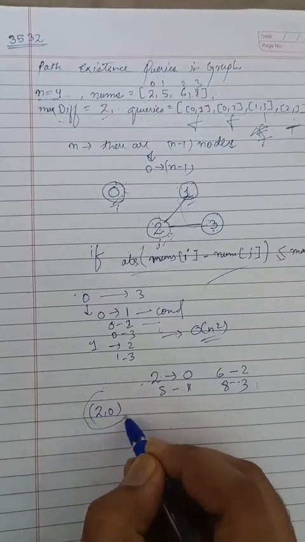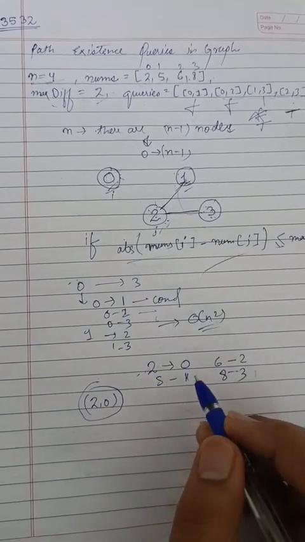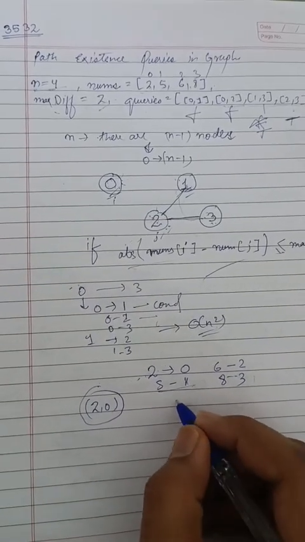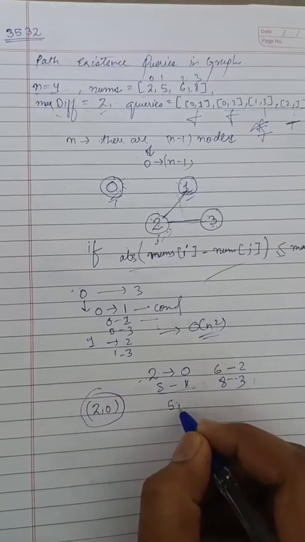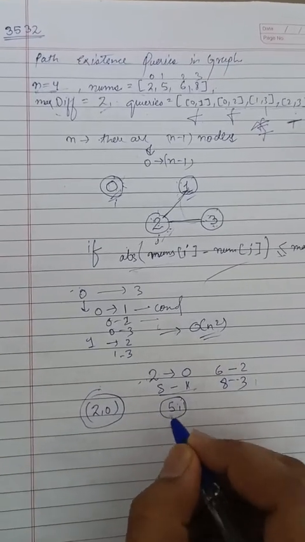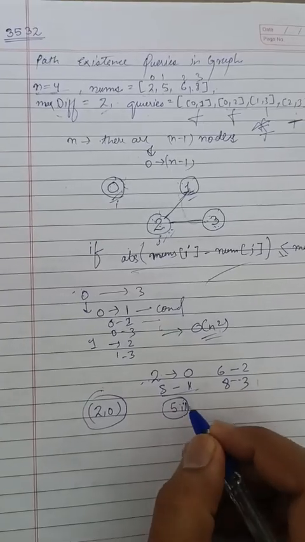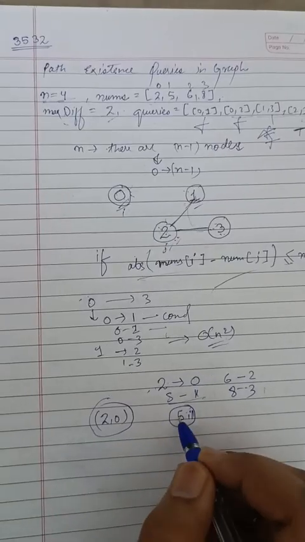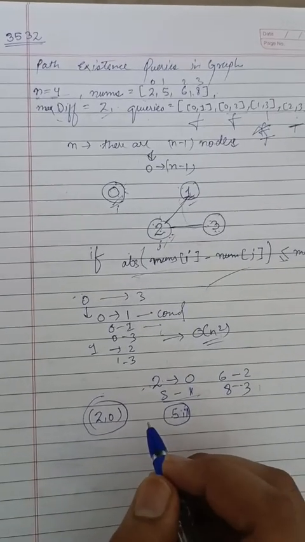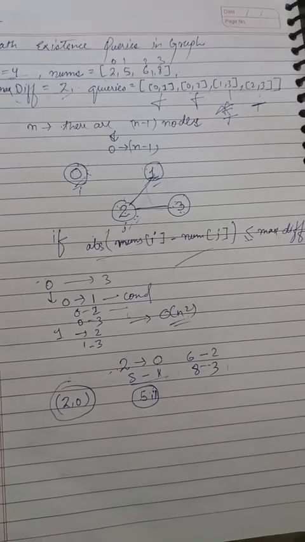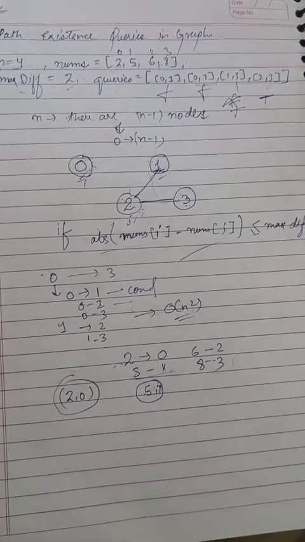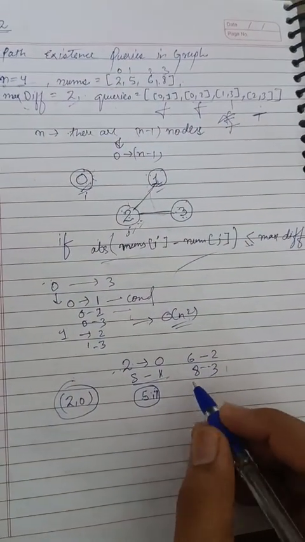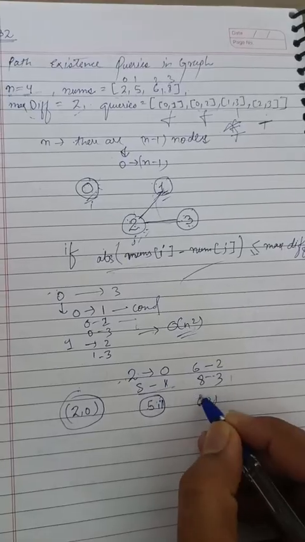Let's then take out another one, 5 comma 1, right? It is again itself a group. But if we compare the first element of each pair, the condition fails here, right? So I will bring another one, 6 comma 2.